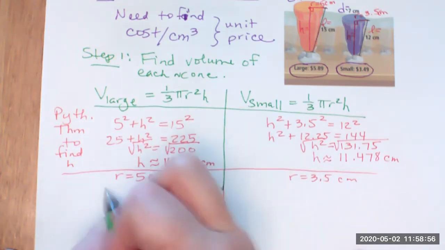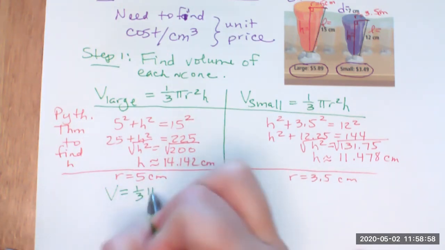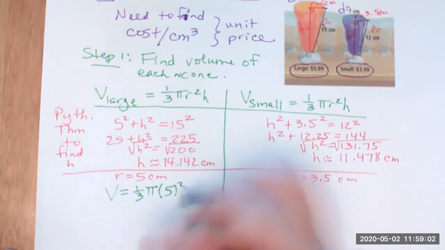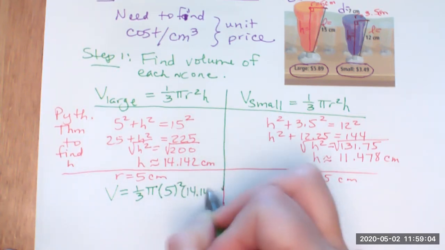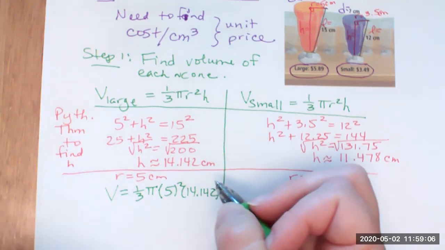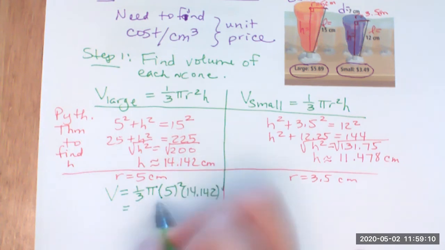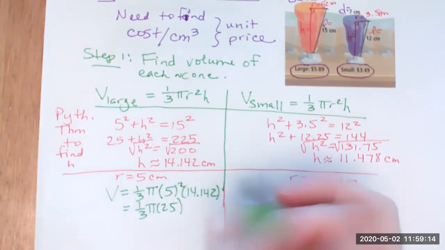So the volume is going to be 1/3 times pi times 5 squared times 14.142. Some of this I can do mentally.